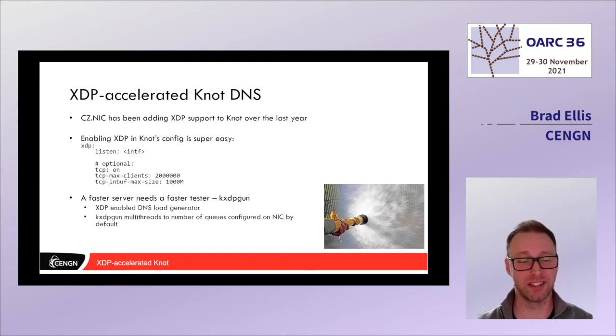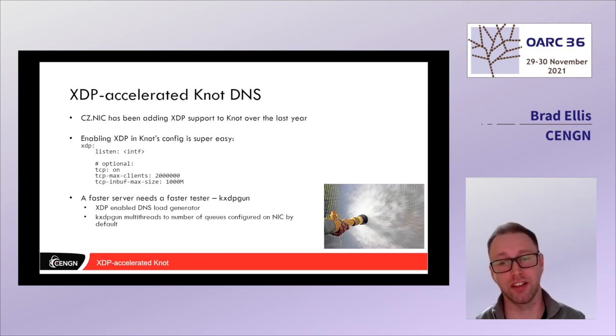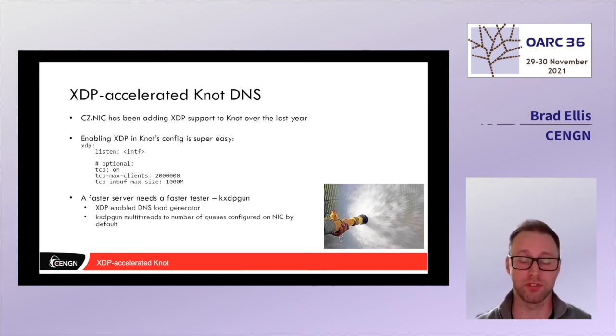And then finally, with a faster DNS server, we need a faster tester. So historically, we were using DNSPerf, which was a great tool. It gave great results output at the end. However, it just could not keep up with the new server. I think we were able to get like 200,000 queries per second from each DNSPerf instance.